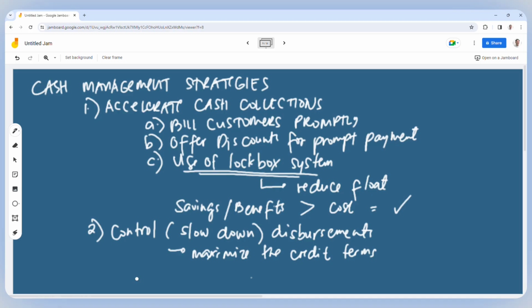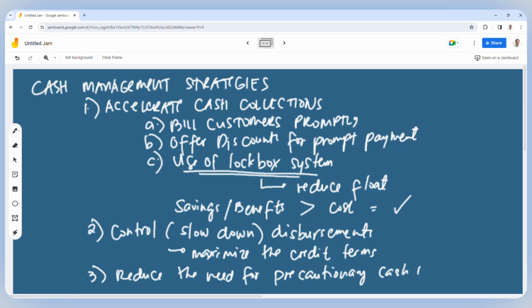And number 3 class, pwede daw number 3 is to reduce the need for precautionary, no? So, kung pwede class, we can reduce the precautionary cash balance. Ibig sabihin class, bawasan muna natin yung emergency for contingency. Pero for me, hindi dapat, no? Mahirap yan class. Okay? Alright.